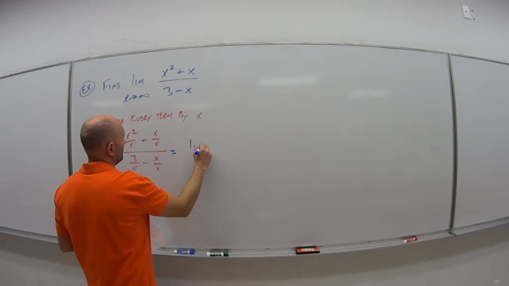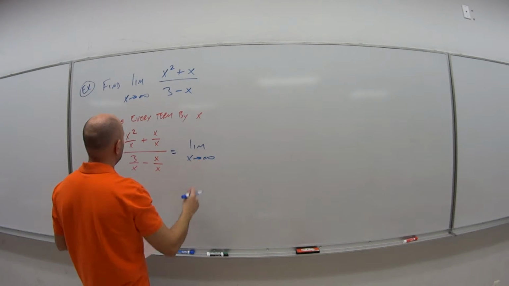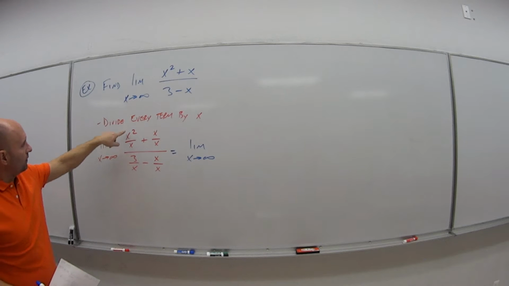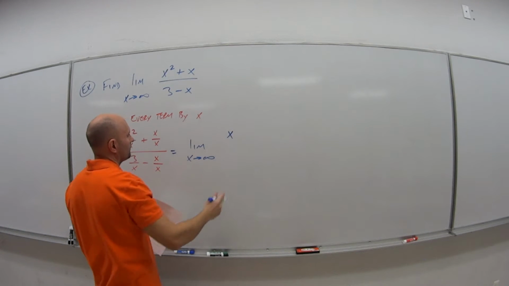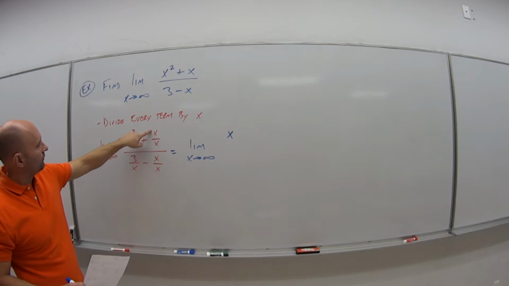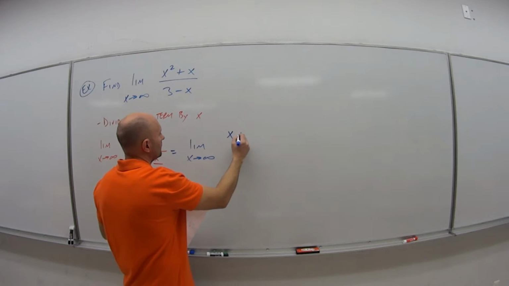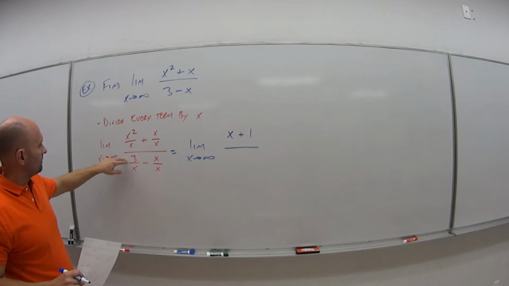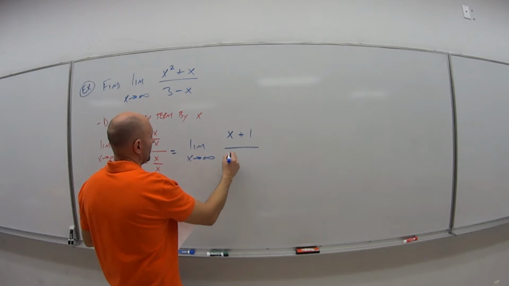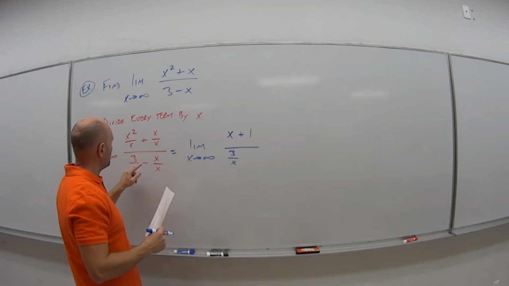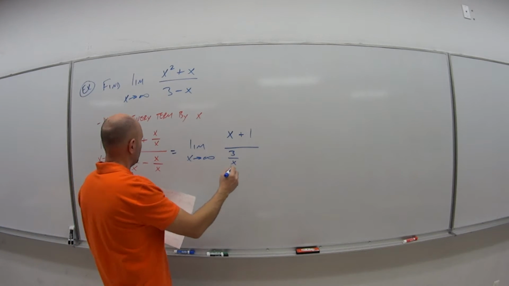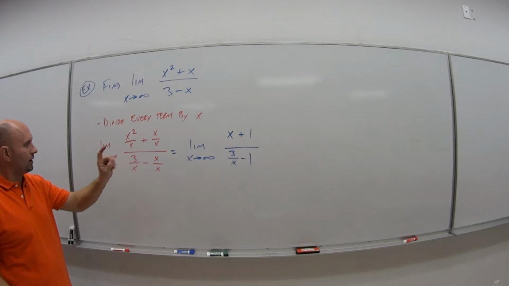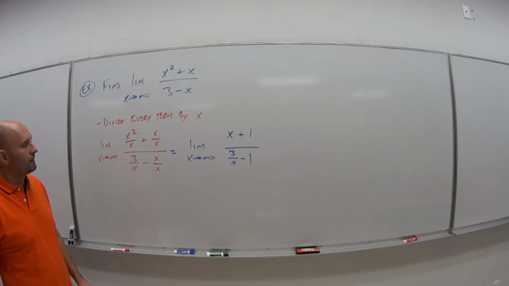When I do that and simplify as x goes to infinity, first term, what? x squared over x, the x's cancel, so I'm just left with x, plus x over x is 1. In the denominator, 3 over x doesn't simplify, minus x over x, which is just minus 1. The x's cancel, I'm left with negative 1.